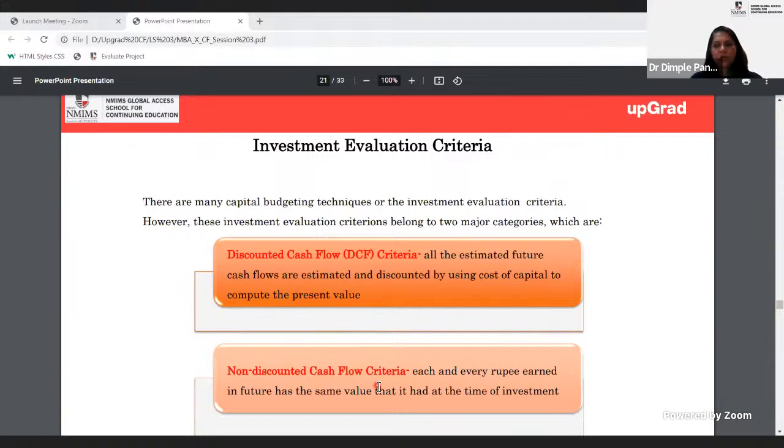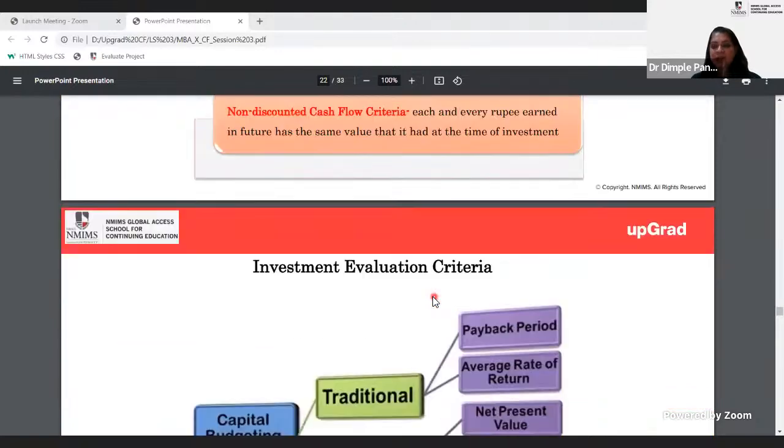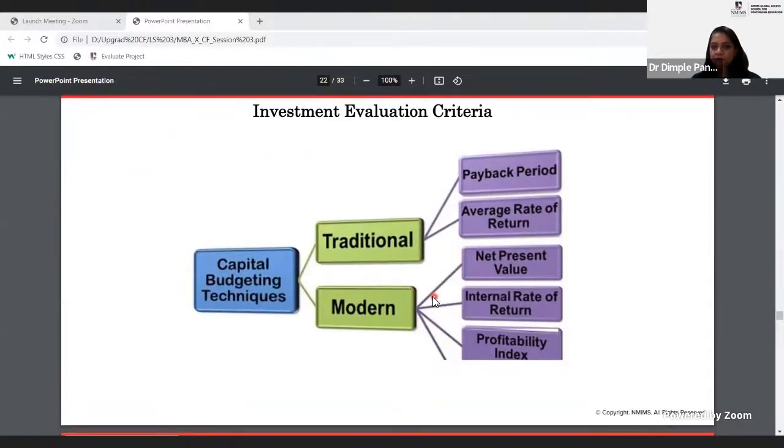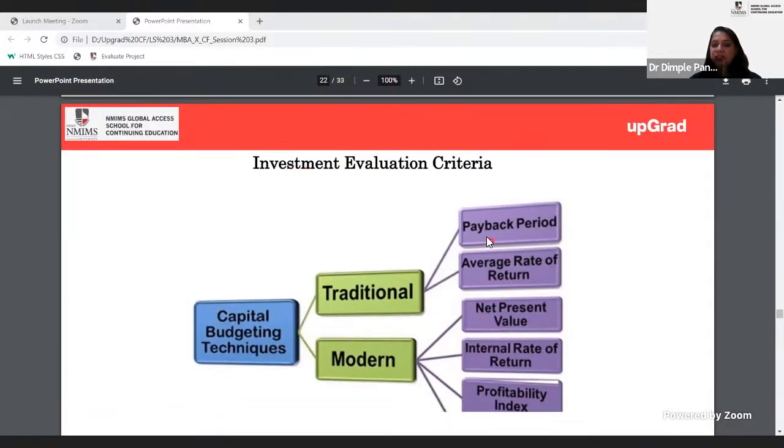Which one would be preferred for you to decide which is a better project to be invested in? DCF. Definitely the discounted cash flow criteria. So in investment value criteria, we look at the payback period, net present value, internal rate of return, and profitability index. Yes, so these are the different criteria we are going to look at.